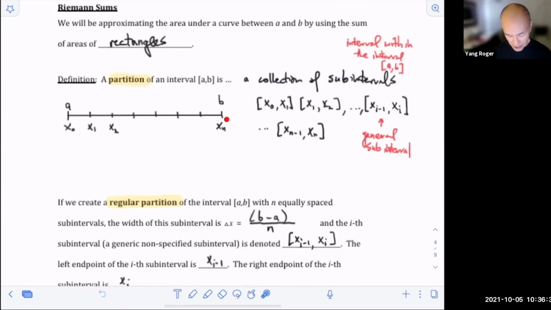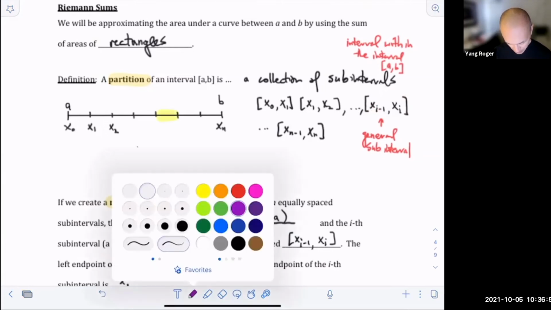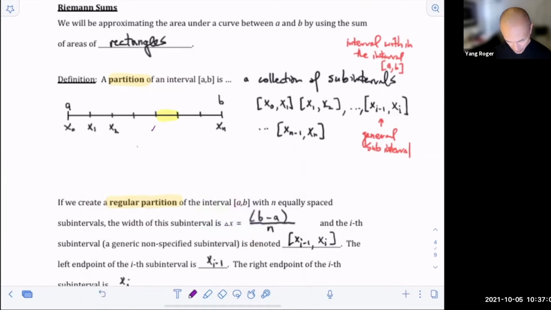I guess we call each of these things subintervals. That collection of subintervals is called a partition. And when I want to talk about a general subinterval, I use x sub i minus 1, x sub i. So if this was my general subinterval, this would be x sub i minus 1, and that would be x sub i.